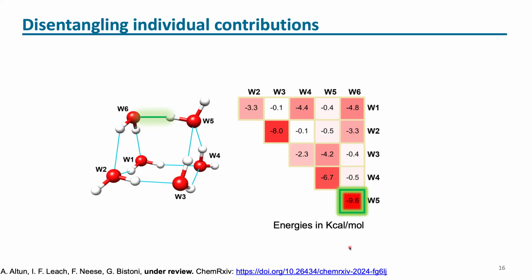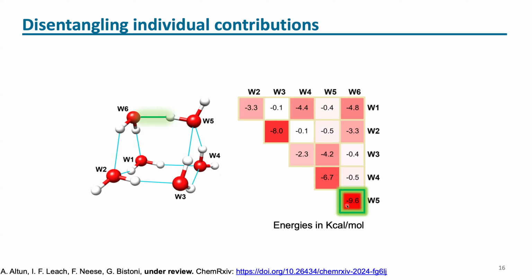With this approach, we no longer have the diagonal terms because they have been distributed among all fragment pairwise interactions, and we have instead an exact pairwise decomposition of the association energy of the water cluster. For example, the strongest interaction in this system is between water 5 and water 6, and it amounts, if you account together for all attractive and repulsive terms, to -9.6 kcal/mol.